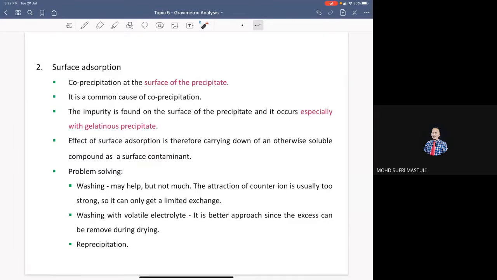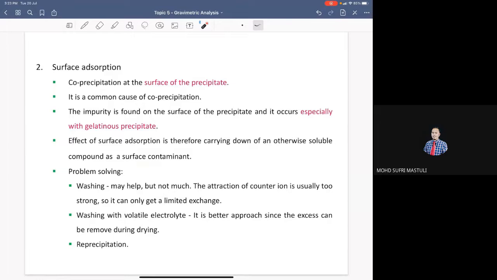It is a common cause of co-precipitation. The impurity is found on the surface of the precipitate, and it occurs especially with gelatinous precipitates. Normally, surface adsorption occurs for gelatin-like precipitates. The effect is carrying down otherwise soluble compounds as surface contaminants.